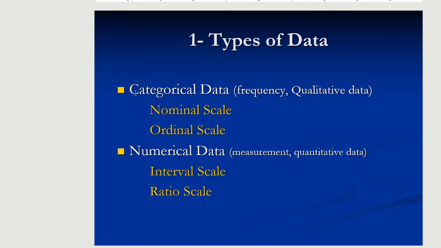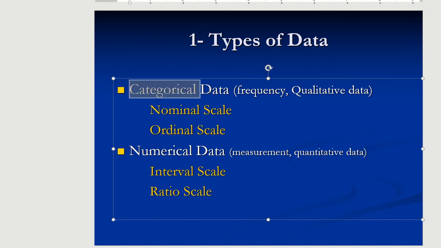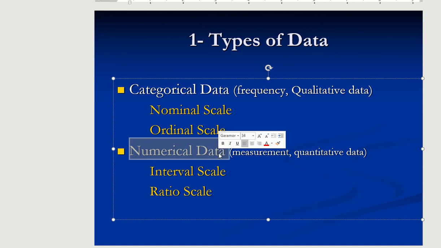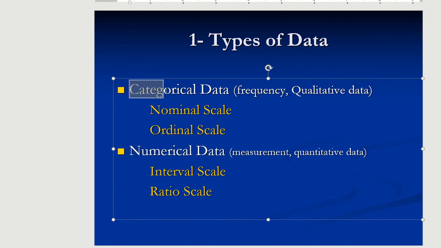Okay, so I told you we have categorical data and we have numerical data. Okay, so some books call categorical data frequency data. They might call them qualitative data. Similarly, numerical data, some books call them measurement data or quantitative data. In this course, we will stick to the simplest way.